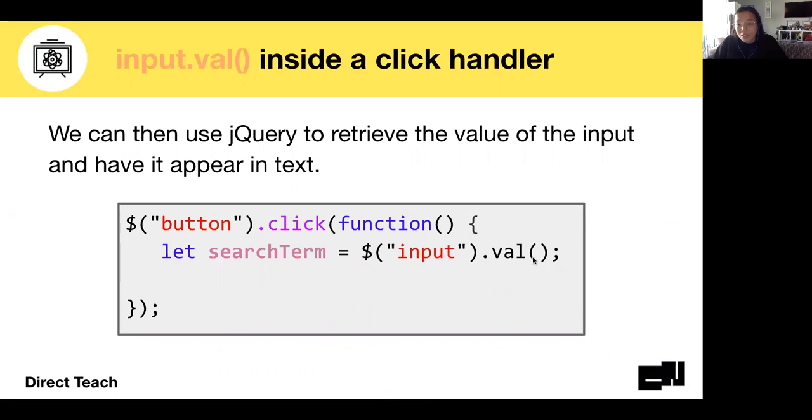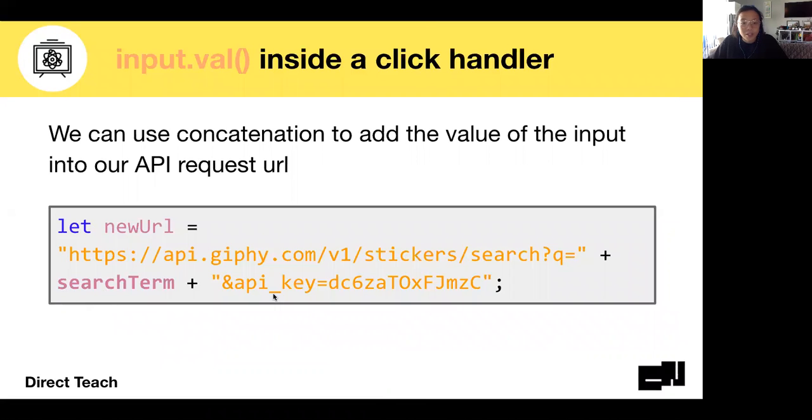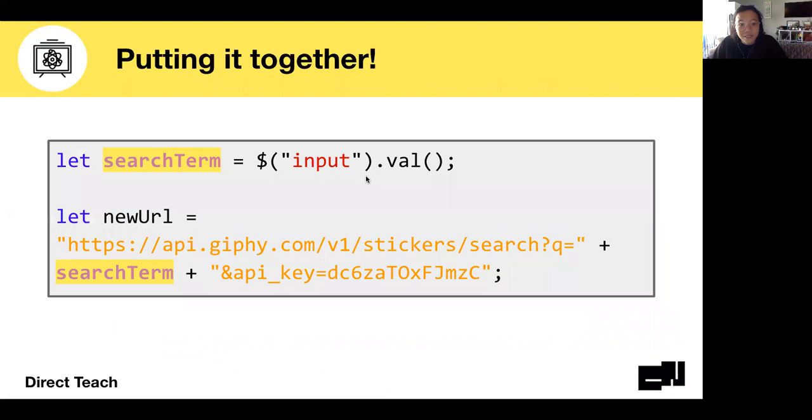Whatever the user searches, it stores it in this variable, and then it utilizes this variable to update the API URL. Pretty cool, right? So when we put it together, like I said, it uses the search term to update that API URL, and that API URL is stored in new URL. And so you can see how easily customizable this is based on the user's input.